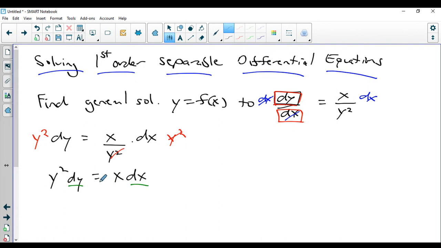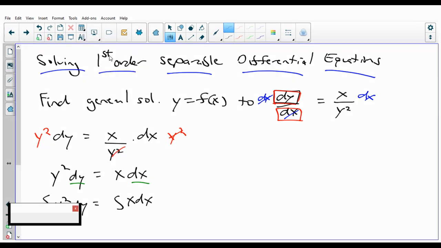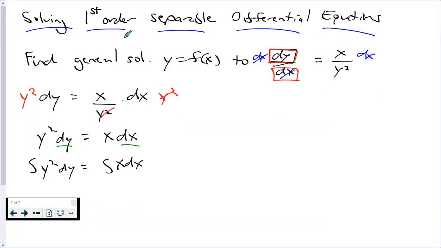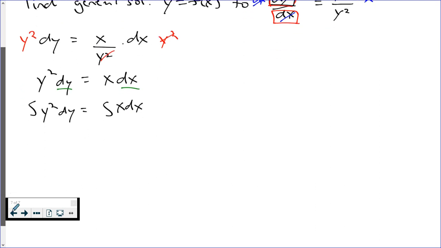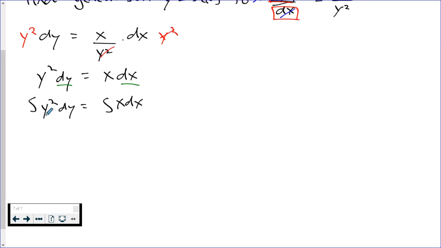So I'll show this as a separate step. I'm going to integrate y squared dy. So that's integrating the left side, but I'm also going to integrate the right side. And that's just a valid thing that you can do here. Let's make this a large screen. All right, scroll down. So when I go to do this now, it's basically two integral problems. Let me integrate y squared.